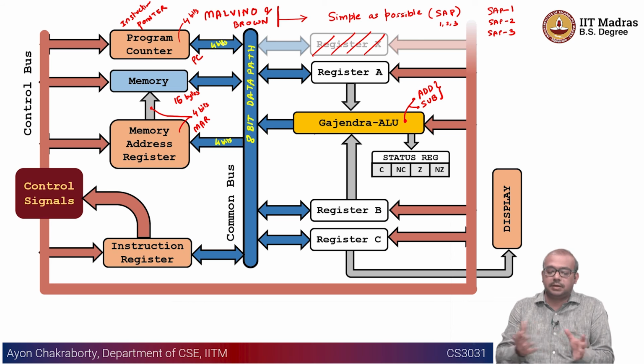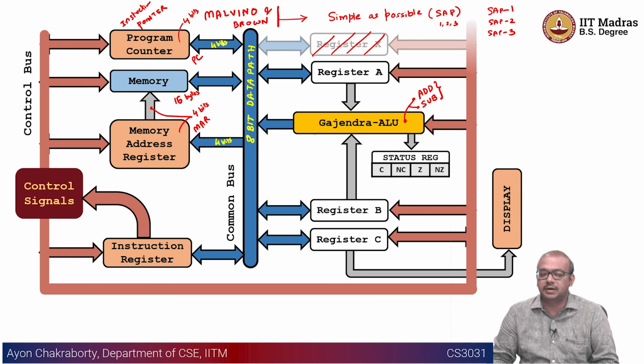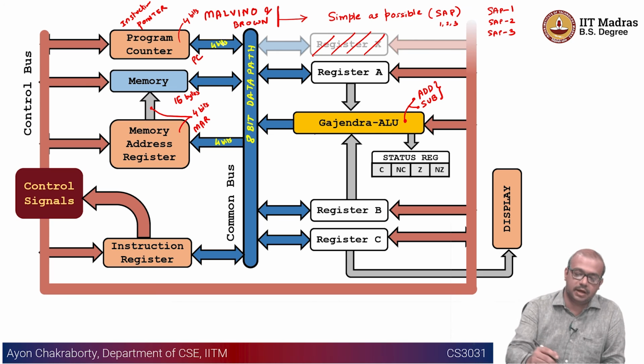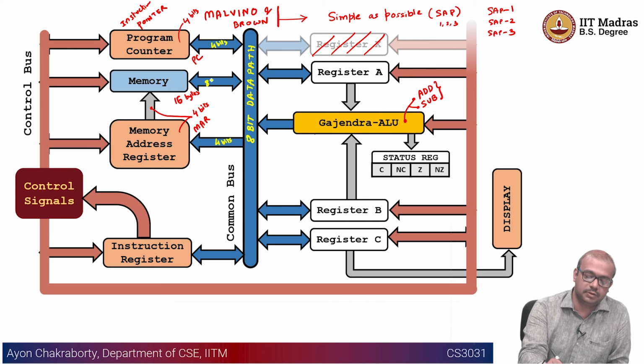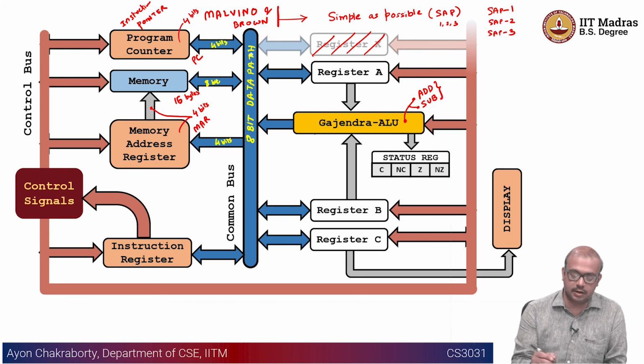So you can always pad the most significant 4 bits with 0. That is an implementation question, but you need to take care of this, okay. Whereas memory is going to spit out 8-bit data.